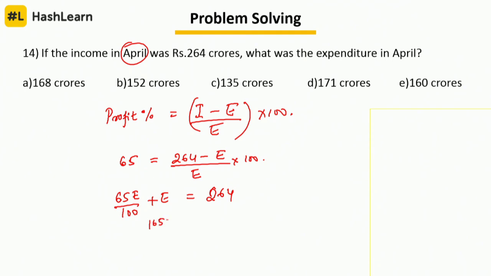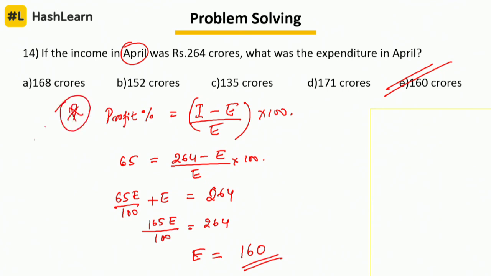So 165 E by 100 will give you 264. So what will be your expenditure? After simplifying this, your expenditure will be 160 crores, which is in option E. Okay, fine. So make a note, this is one important formula relating to your profit.